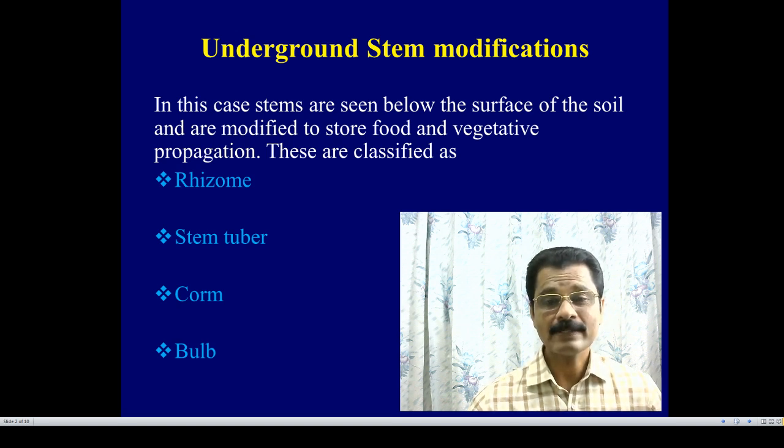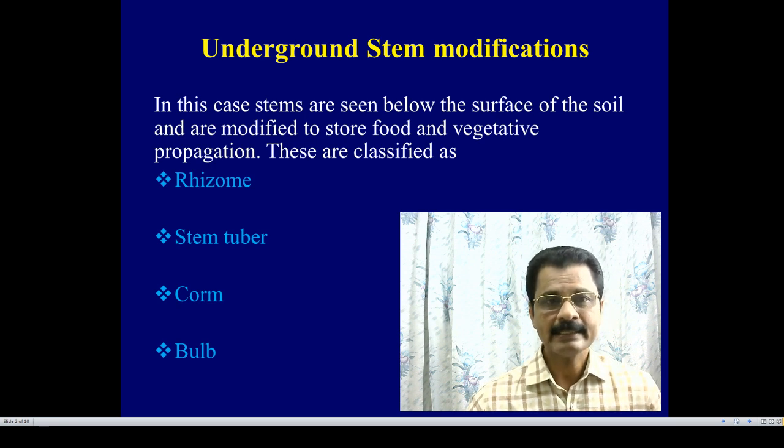The normal functions of stems we know. What are the normal functions of stem? It gives mechanical support, conduction of water and minerals, and transport of prepared food materials from leaves to various parts of the plant.